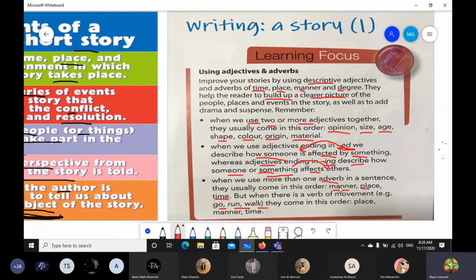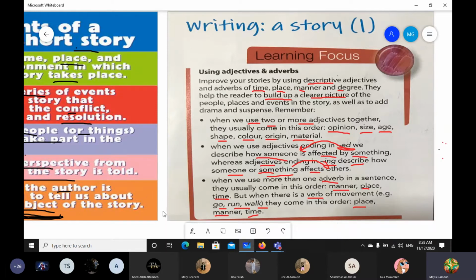Here we said we start with manner, then place, then time. But if we have a verb of movement, the order will change to, first of all, place, then manner, and at last it will be time.